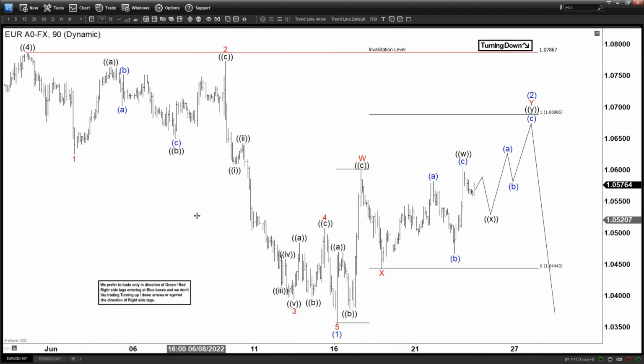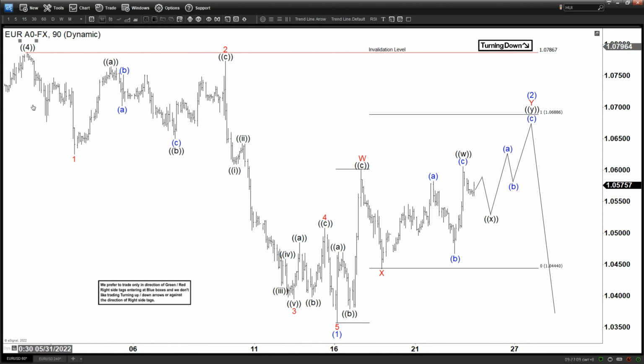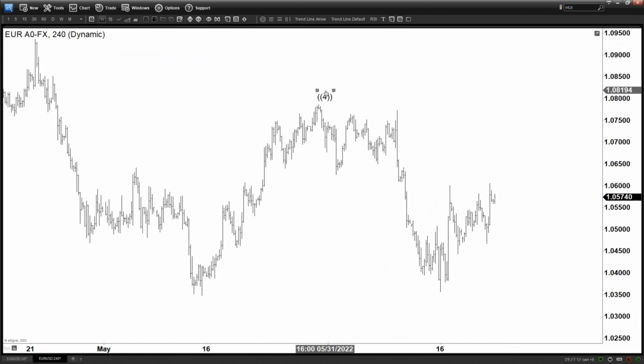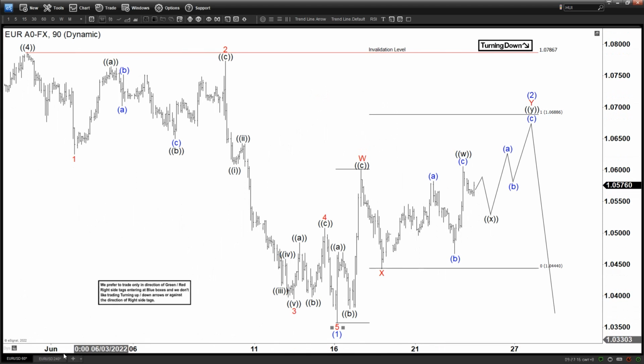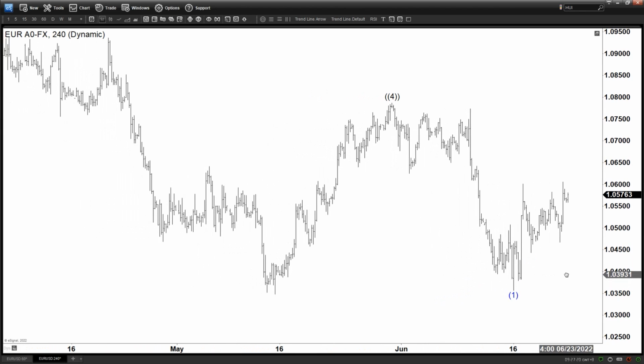It's because if you look at the larger time frame, I'm zooming out to the 4-hour here. Let me put this label in the proper place. This is wave 4, and then this is your wave 1. Of course the complete count can be seen in our member area if you're interested.